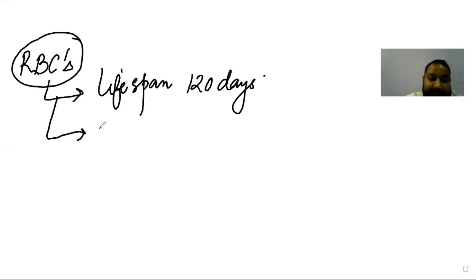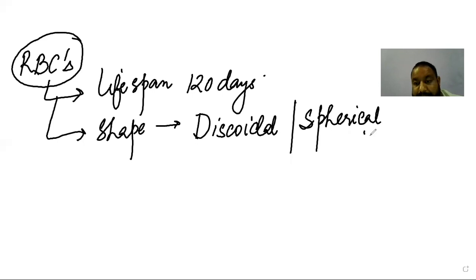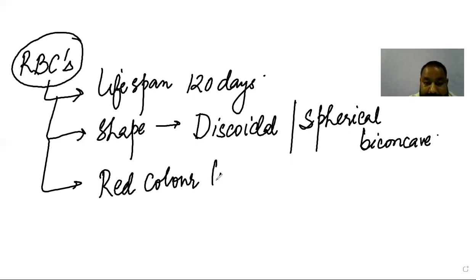Their shape is normally known as discoidal, also called spherical biconcave. Normally they are red in color and they are the ones that give the red color to the blood.